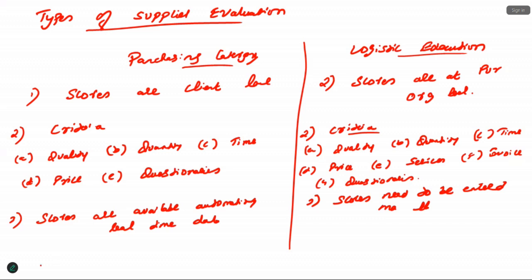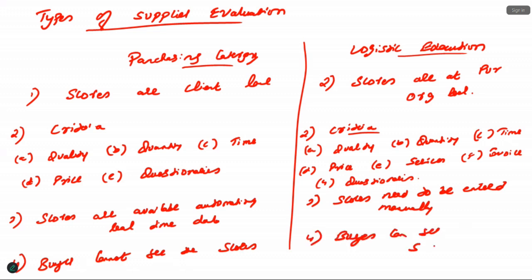Here, buyer cannot see the scores. Here, buyers can see a score. So these are the differences.